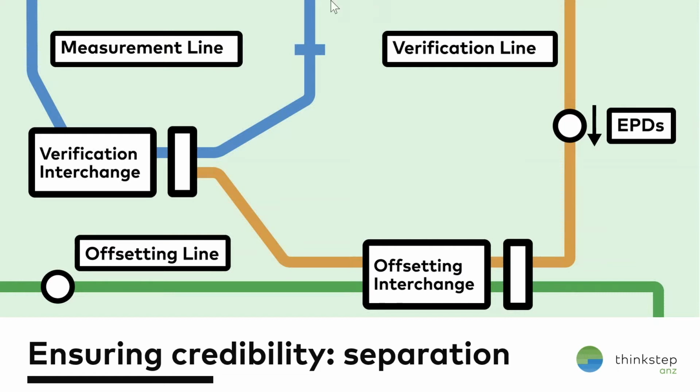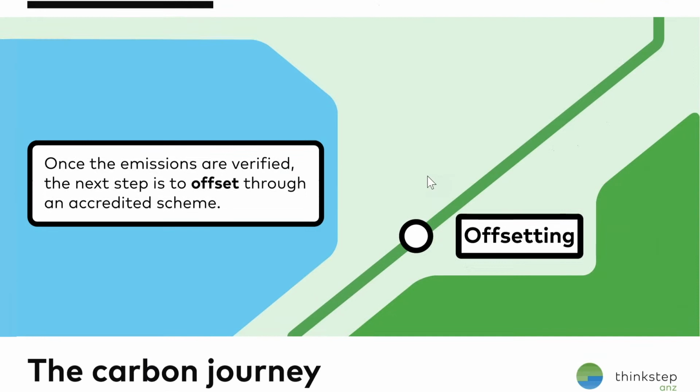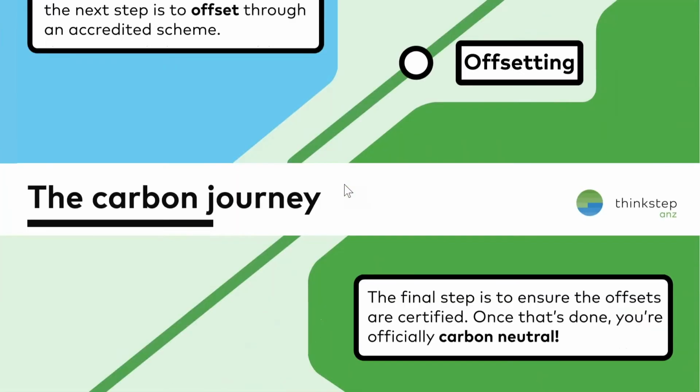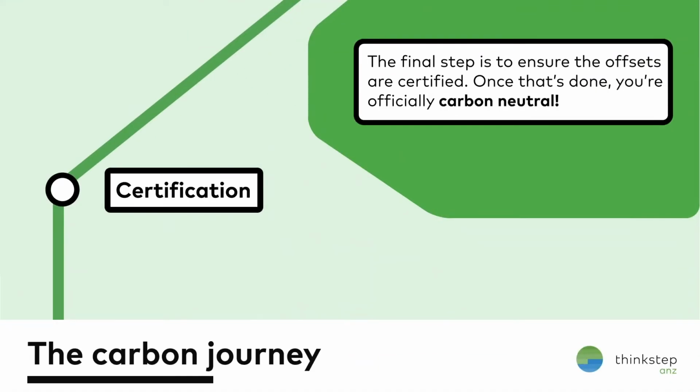There are quite a few standards that help us to get to those steps, to get to the offsetting stop. Those standards also help you to achieve certification, another stop on the line, which possibly is a voluntary stop. You might not have to get off at the certification stop. You can stay on the line and go straight to your offsetting stop.